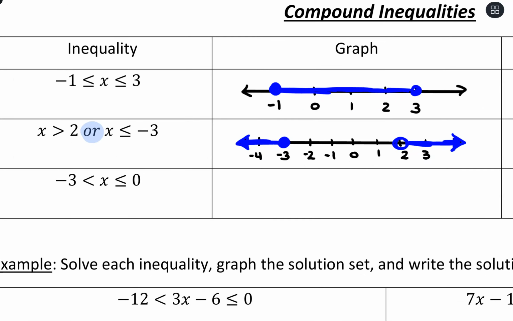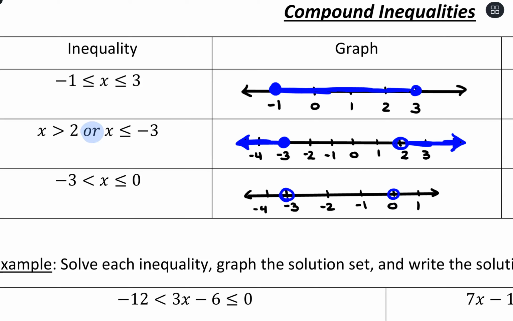And this next one here is similar to our first case, just combining some different symbols. So let's see, from -3 to 0. And let's number that line there. So at -3, we'll have an open circle.